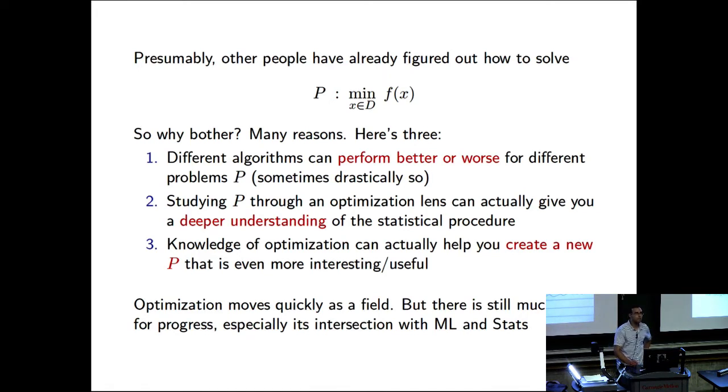Just knowing, for example, that there is a QP solver out there that you can call doesn't always mean that it's going to be useful for your problem. Even if that QP solver can be very, very efficient for particular types of QPs, if it uses interior point methods, it could actually perform horribly for other types of QPs. And you might actually prefer to do something different, like coordinate descent.